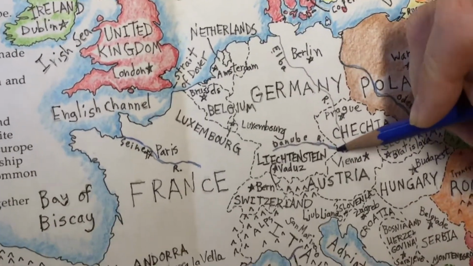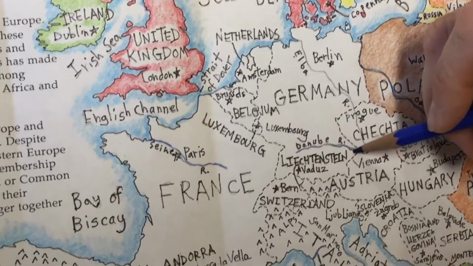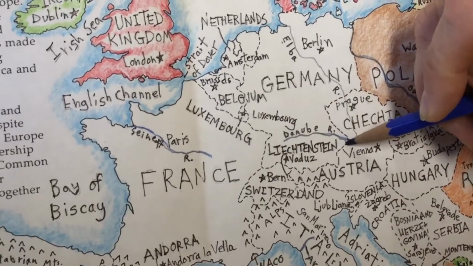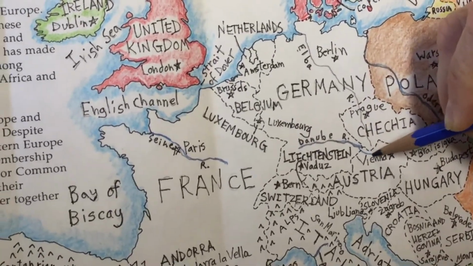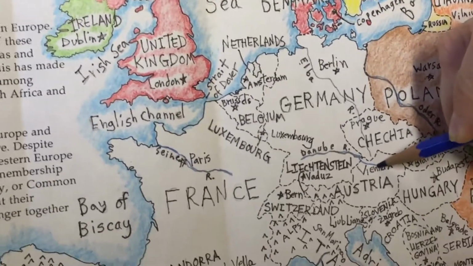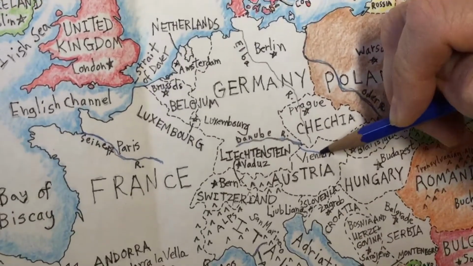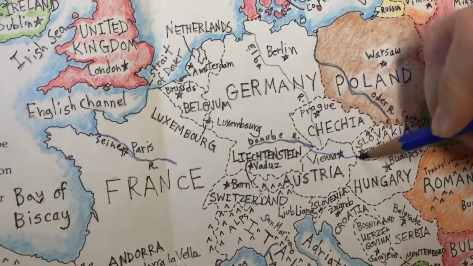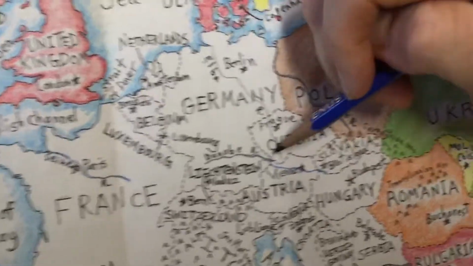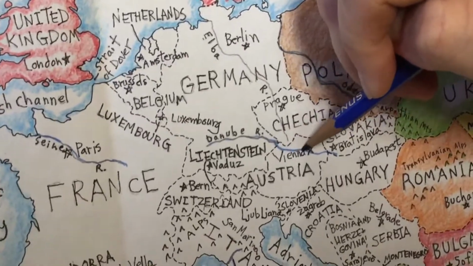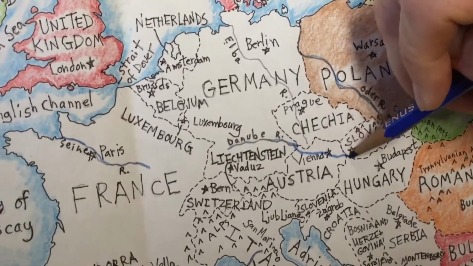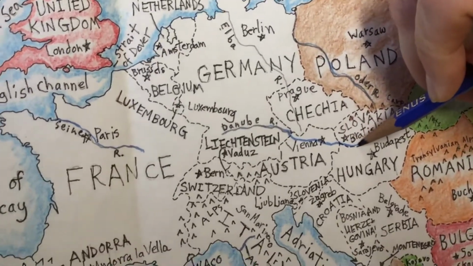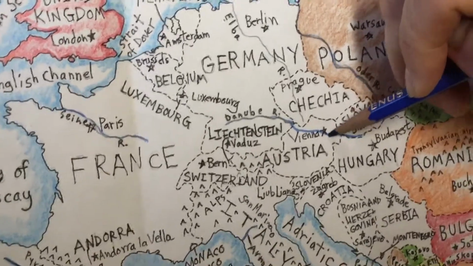And then it flows through Austria. And then it joins up with the border of Slovakia and Hungary. So some of the river will actually flow along borders of countries. They call that a natural boundary sometimes.